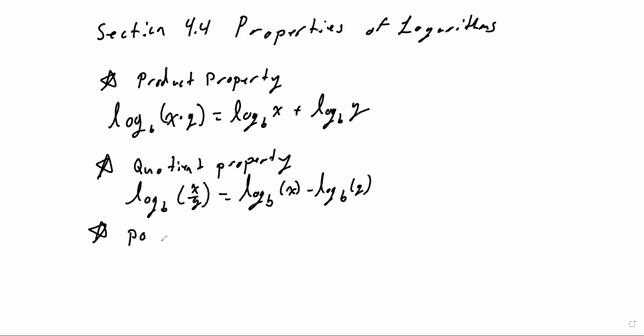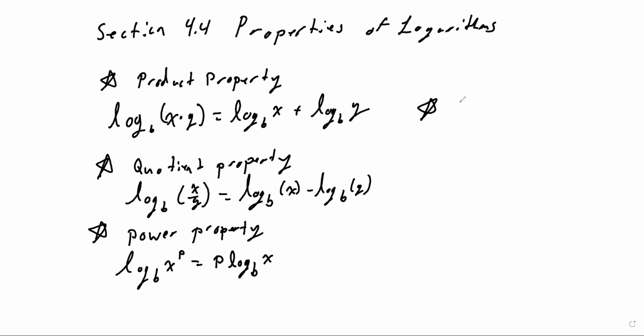And then we will have the power property. And that's basically just stating if I have something with a random exponent, I can bring that exponent to the front and now make it a coefficient. Might help us be able to solve a function or two.